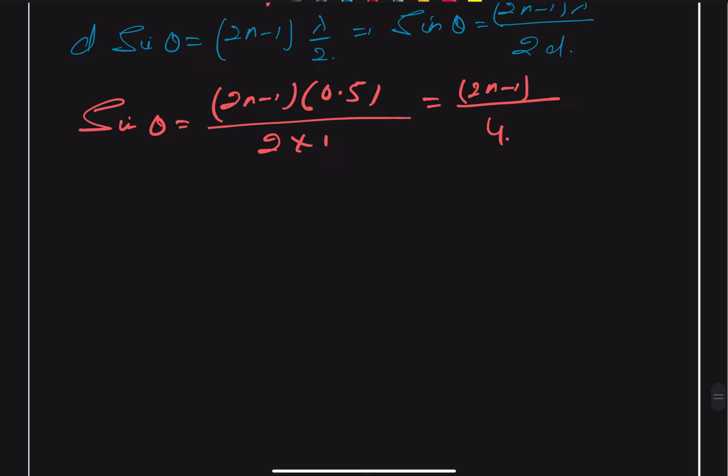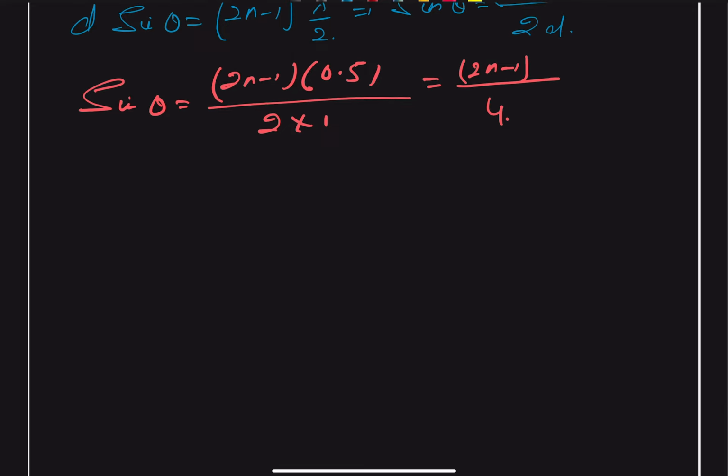And we can also say that sine of theta is less than equal to 1. So this gives us that 2n minus 1 divided by 4 should be less than equal to 1. Or from here we can write n should be less than equal to 2.5. Okay.